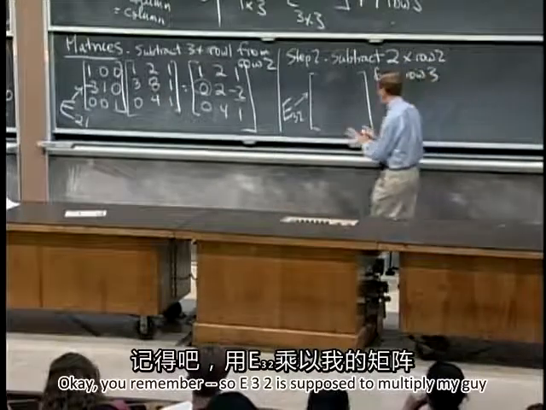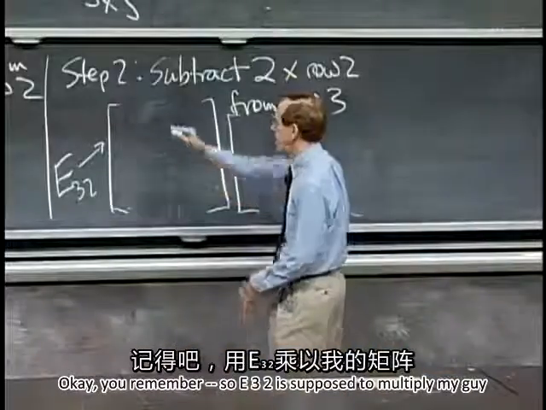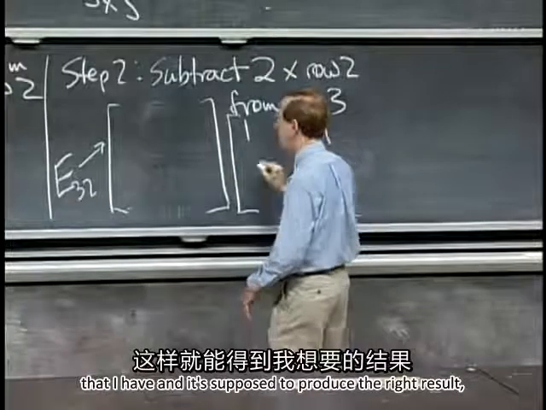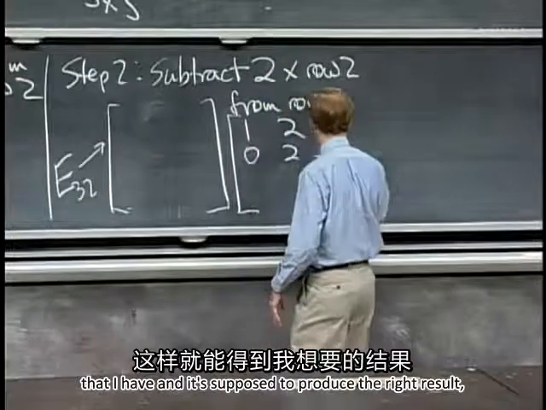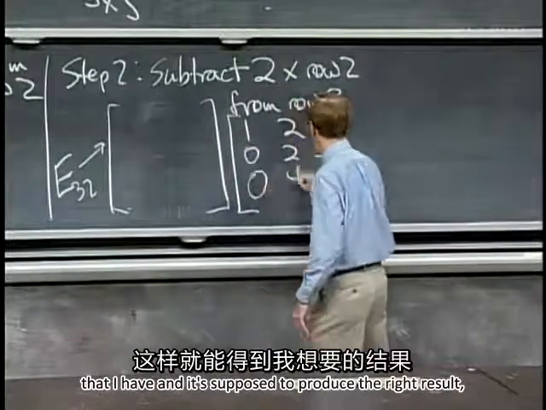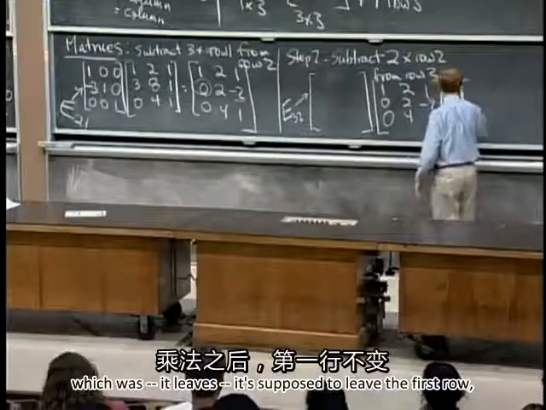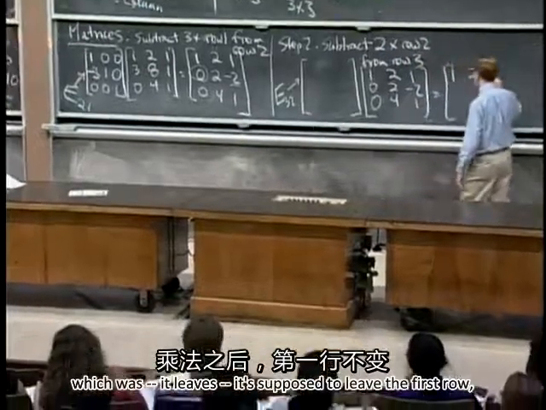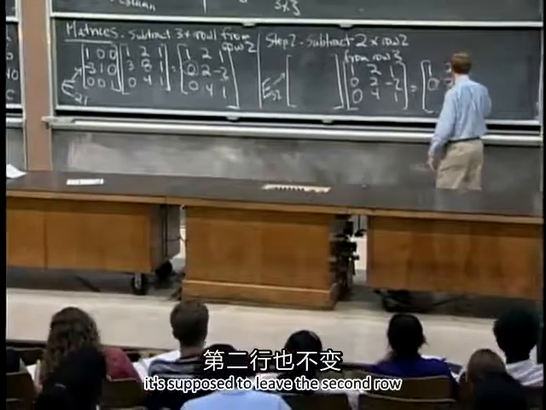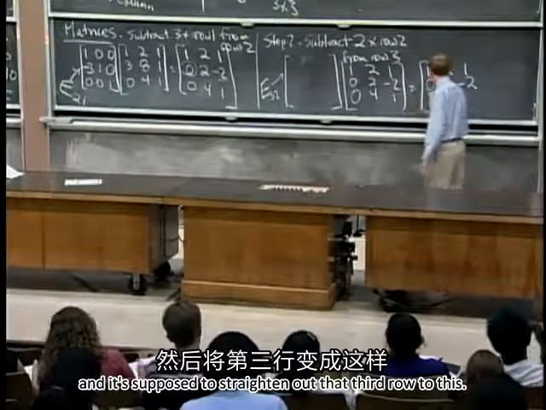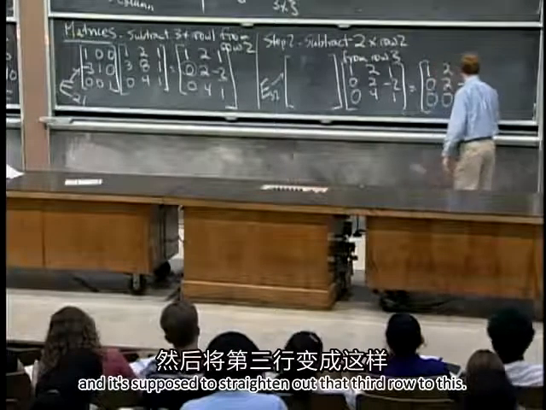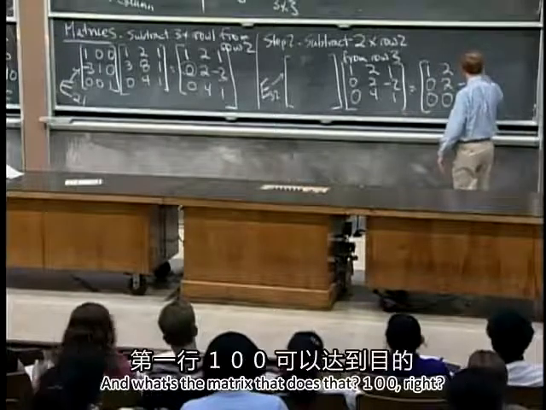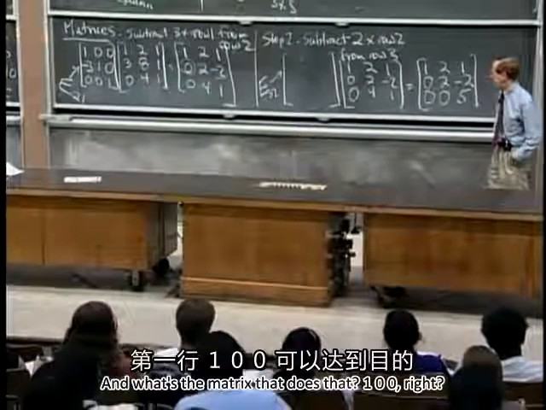E32 is supposed to multiply my matrix and produce the right result: leave the first row, leave the second row, and straighten out the third row to this. What's the matrix that does that?